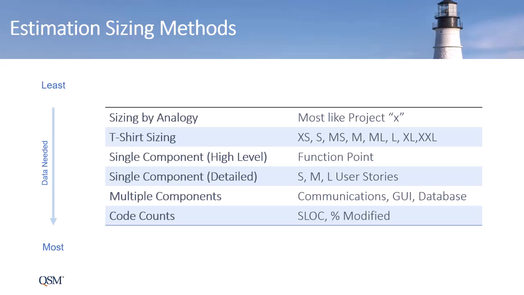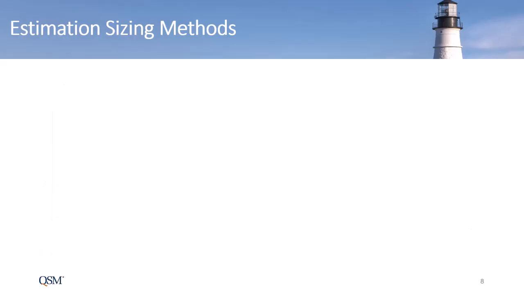Single component detailed enables you to capture complexity if you have enough information to identify small, medium, and large stories or similar function units. Multiple components are identifiable components or layers of the system that may be countable. And code counts. These are helpful for cloud migration and other project types. Let's look at a few examples.